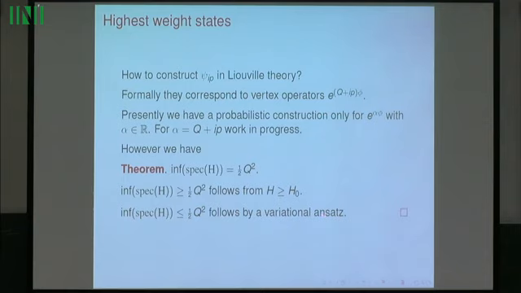And then that you actually get to half Q squared, you just need to find trial wave functions which get you arbitrarily close to it, so just do a variational ansatz. So this is not so difficult to do.